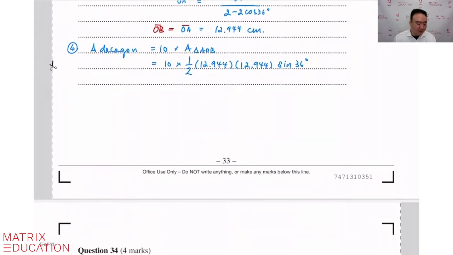Putting all of these in the calculator, you would find that this is 492 centimeters squared to the nearest centimeter squared.